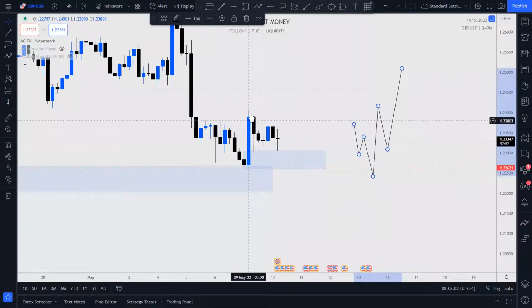Then a push up, a very nice momentum candle to the upside that breaks the tops and takes liquidity from these. So right there, we have a change of character on the 4 hour, and then you wait for the pullback, for a return to impulse.